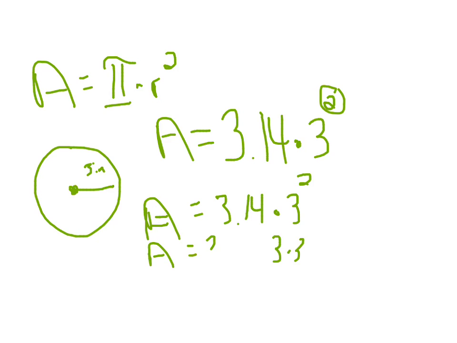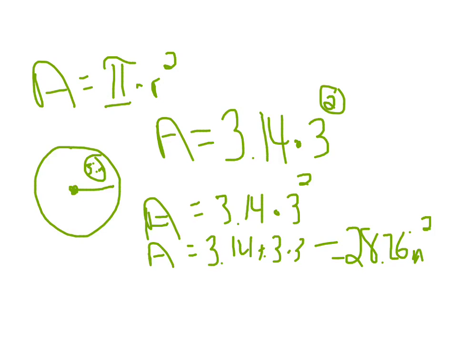My calculator does not have that, so I'm going to take 3.14, times it by 3 and times it by 3, because 3 squared means multiply it by 3 twice, and I get 28.26. Don't forget my label was inches. Since I'm finding the area, I use squared.